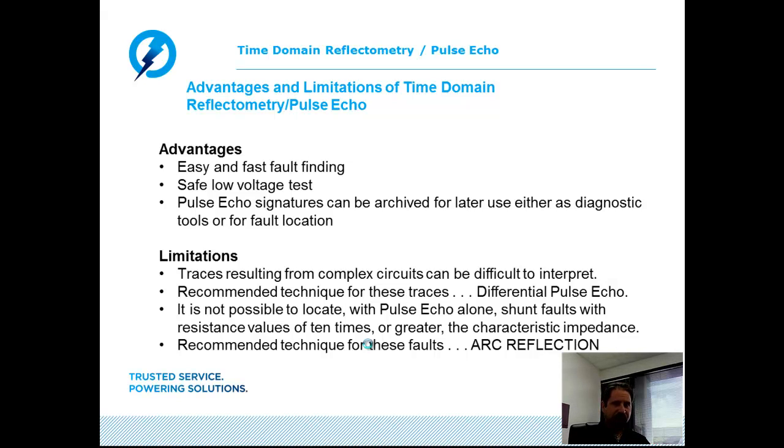I can very quickly hook up the pulse echo, send in my pulse echo or radar pulses as they're referred to, and very quickly see the reflections on the screen and make measurements to those points. I can very quickly take a mile or two of cable and say, I have an event at 480 feet. I have an event at 2,300 feet. So again, it's relatively fast fault finding.